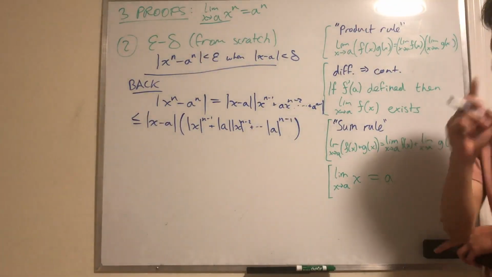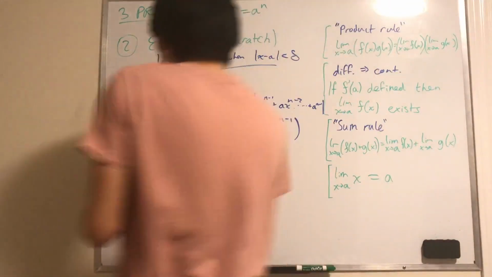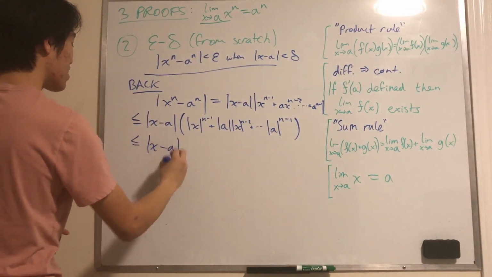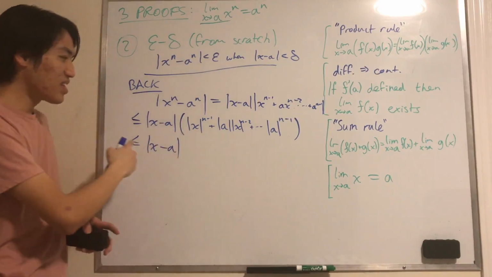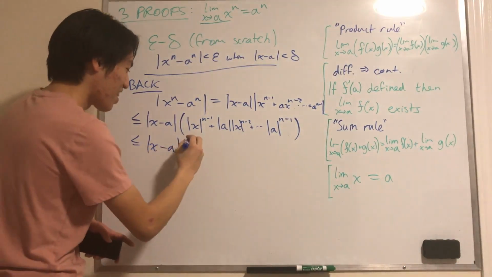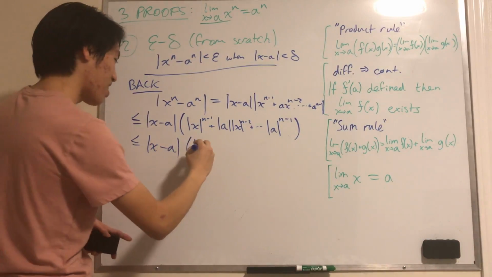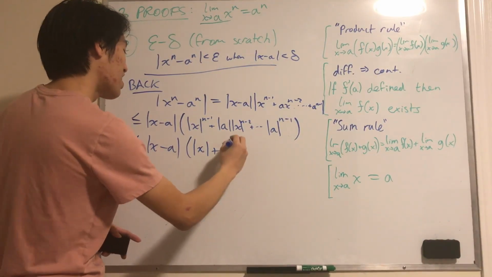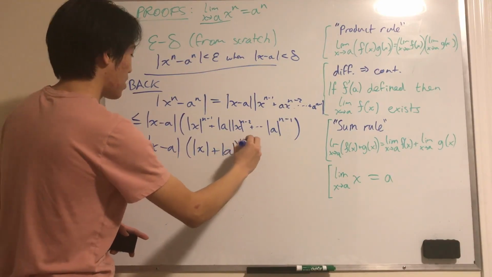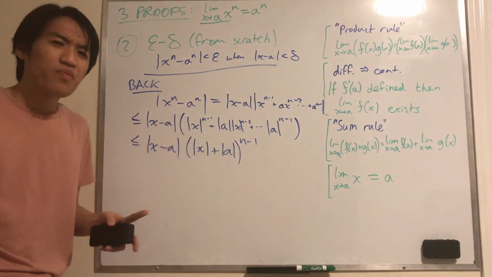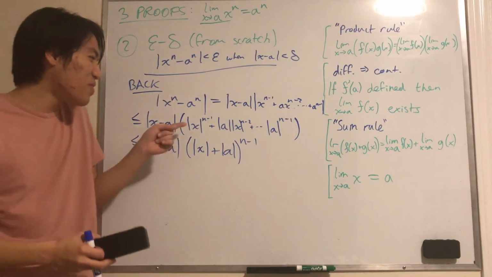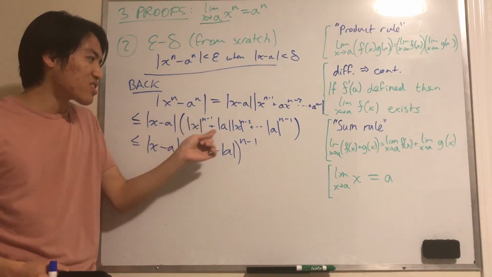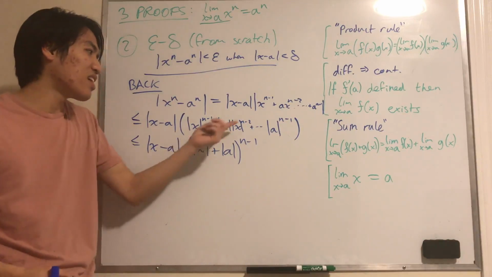This next step's going to be super unintuitive, and it's going to take you a second to realize what I just did. But here we go. This is going to be less than or equal to, ready for it? Absolute value of x plus absolute value of a to the n minus 1. Where'd that come from? So here's the idea. If we look back at the last line, notice the powers of x descend and the powers of a ascend.